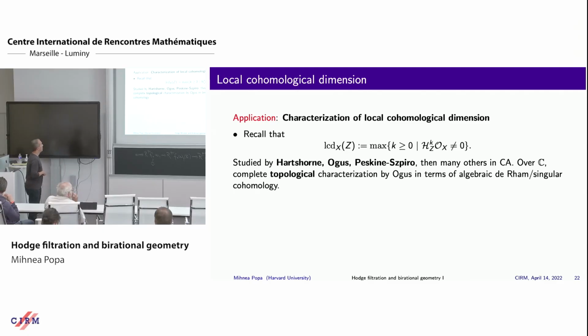Okay, so this theory of the Hodge filtration that I explained to you allows us to give another criterion, a characterization of local cohomological dimension, this time more algebraic, more holomorphic or coherent sheaf theoretic rather than topological.